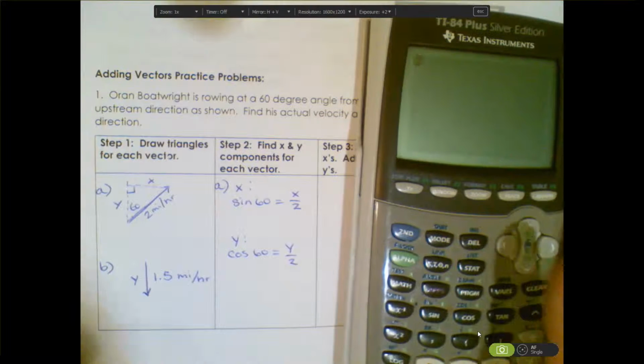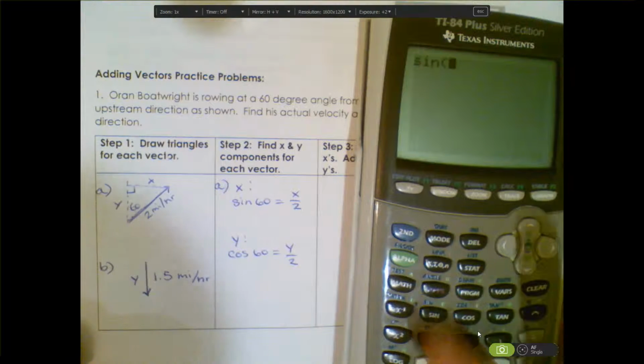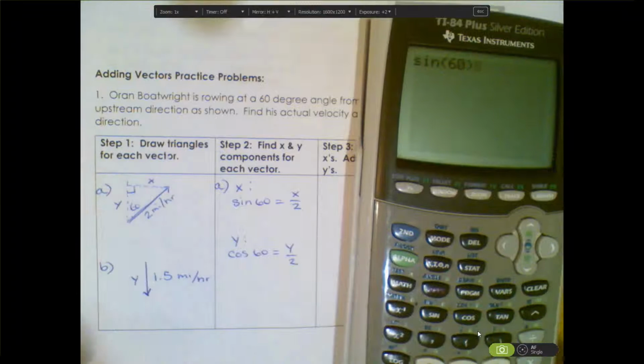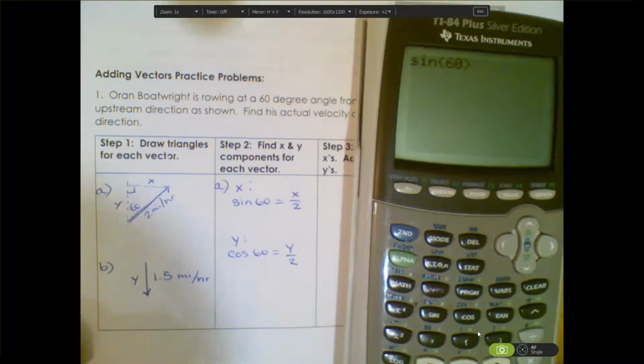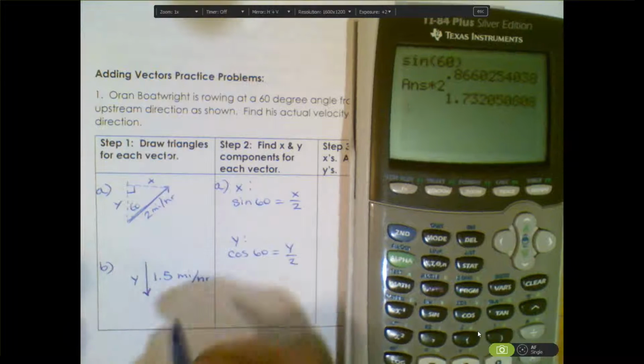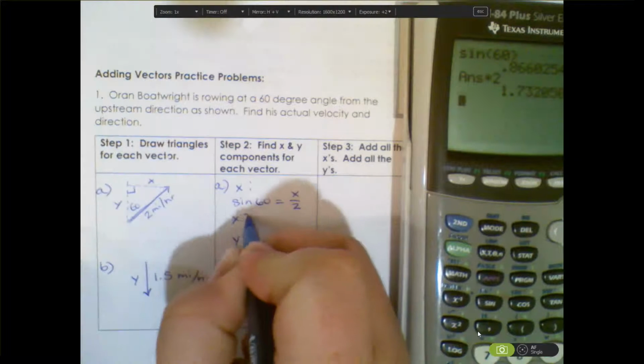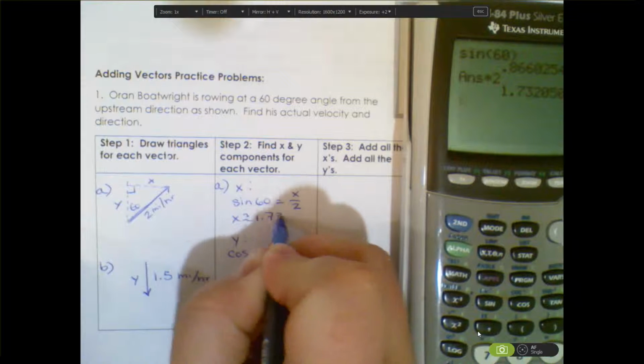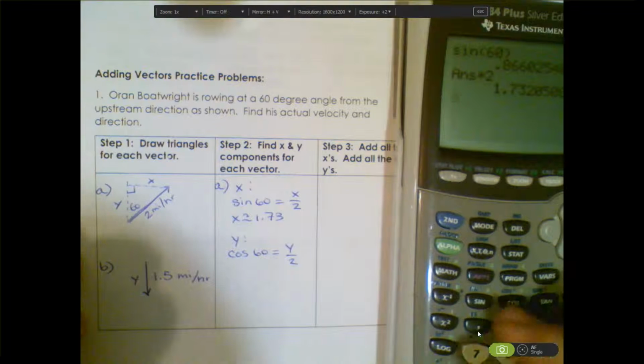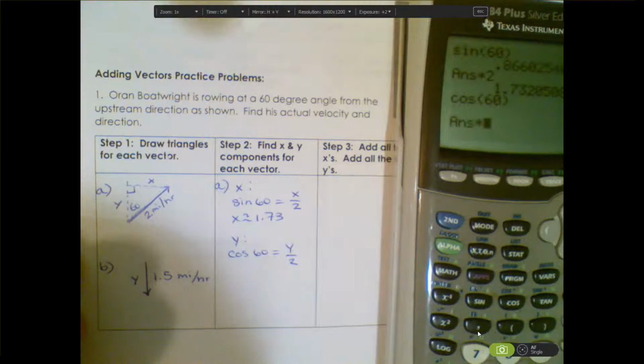Now I need to solve this and find my values. Okay, so I have sine 60. Remember, make sure you're in degree mode on your calculator. Times 2. So x is approximately 1.73. And then I can do my cosine of 60 multiplied by 2.